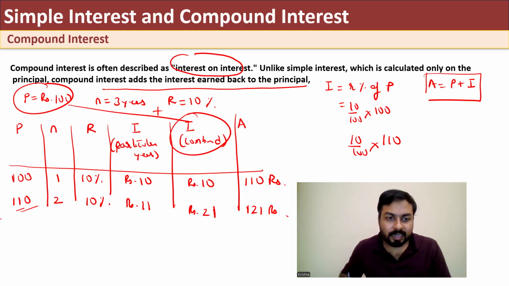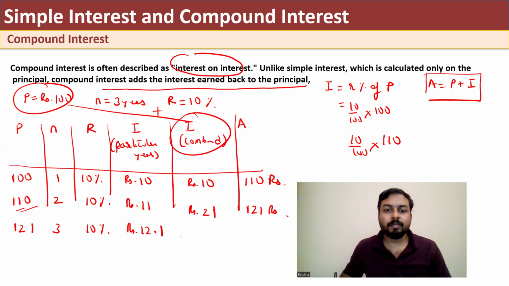Now, third year, again, if you are not returning after second year, the third year principal amount will be 121. The amount generated in the previous year will be the principal for this year. We are talking about third year. The rate of interest is 10%. So what is 10% of 121? 12.1 rupees. What's the combined interest so far? 10 plus 11 plus 12.1.